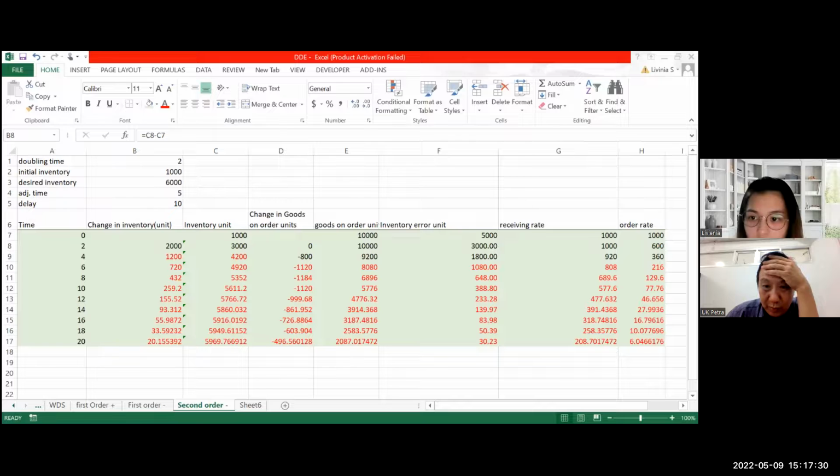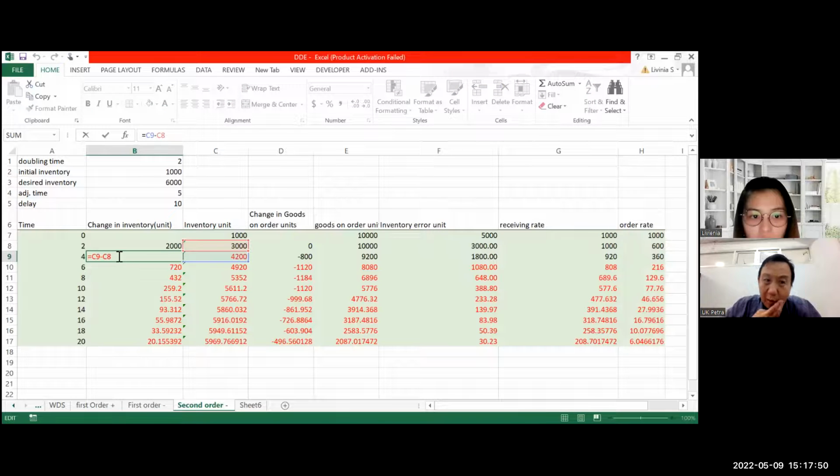What makes it different? 2000, 2000. Change in inventory unit. It's supposed to be 2000 and then 2000 again, but this one becomes 1, 2. The formula is correct. The inventory unit is incorrect.